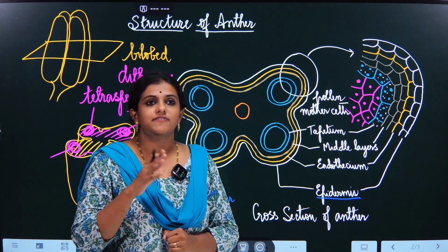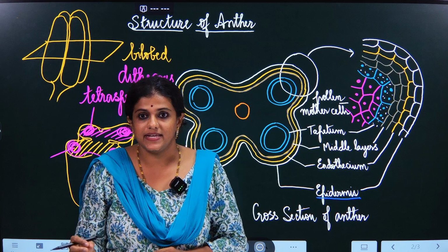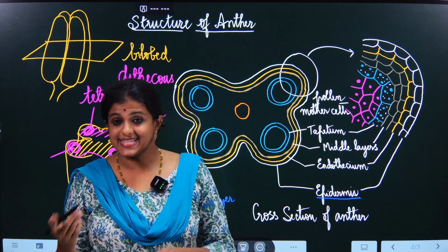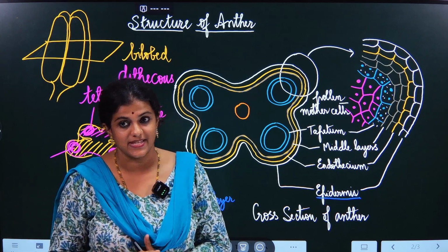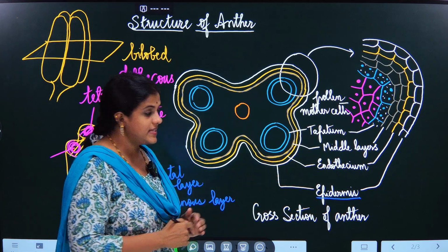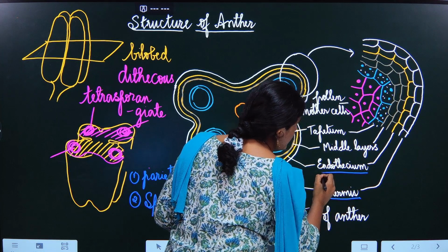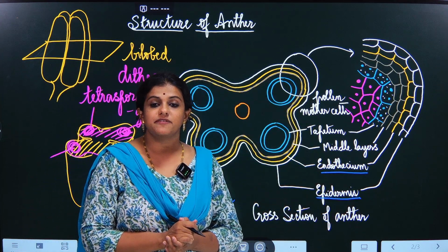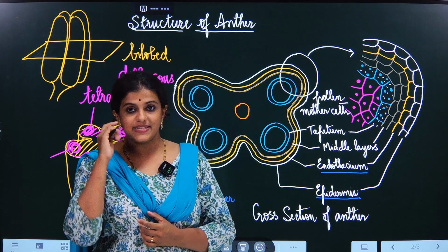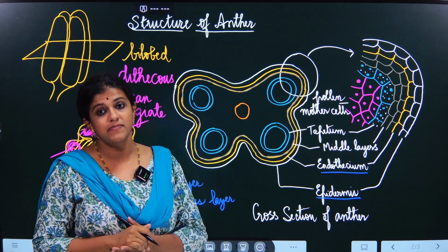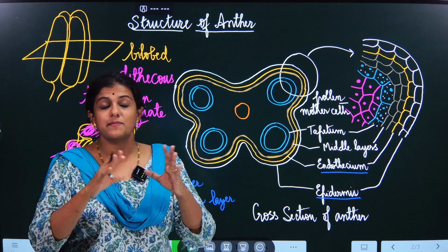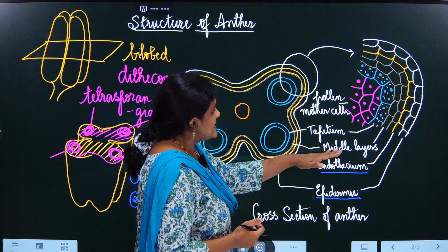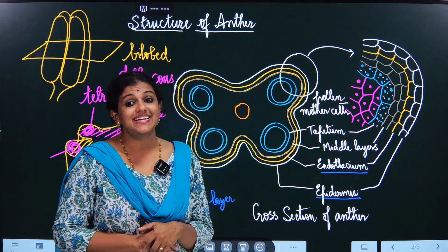Only once it matures, it will help in the anther's dehiscence and pollen dispersal. So endothecium is meant for protection, which prevents immature rupturing of the anther.